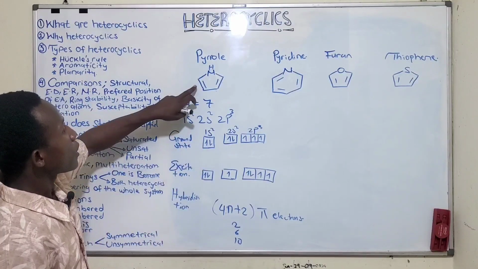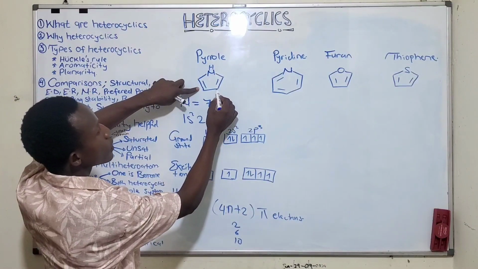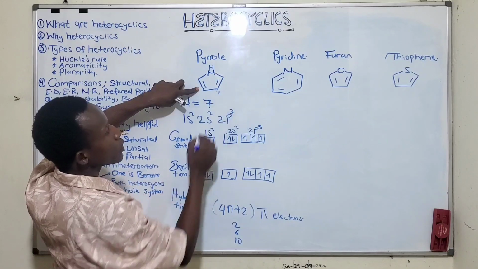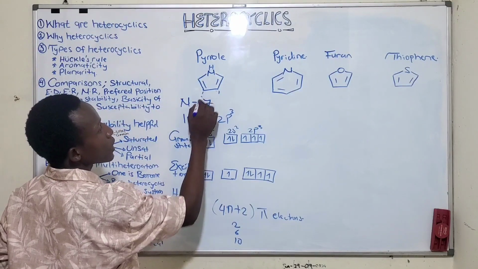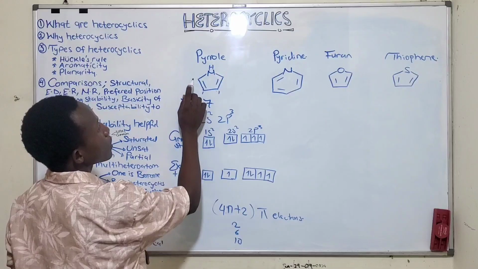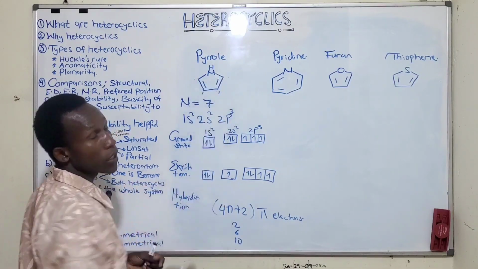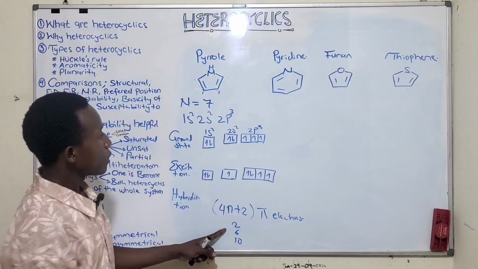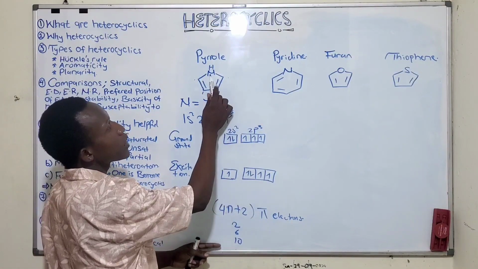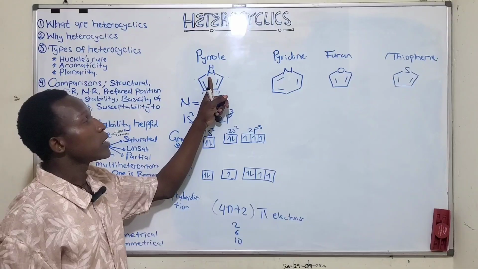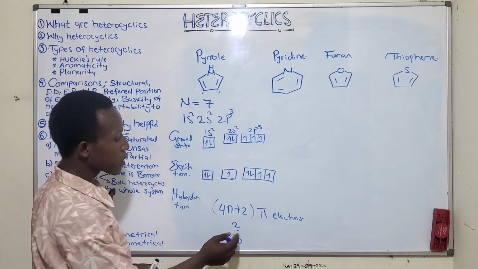So if this carbon is contributing a pi electron, here we have 1 electron, here we have another electron, then here and here. So we have 1, 2, 3, 4 electrons, meaning that this nitrogen should contribute 2 electrons to make 6.